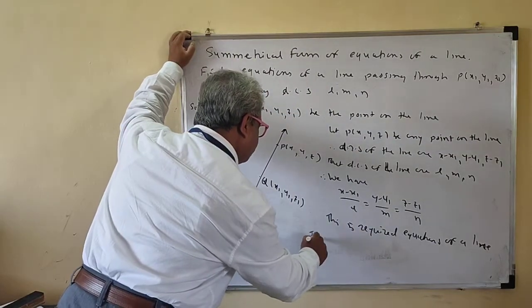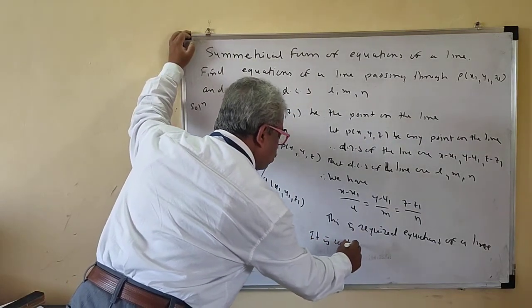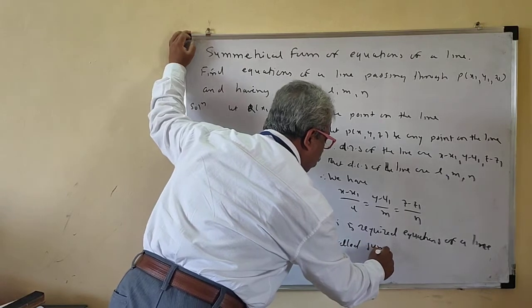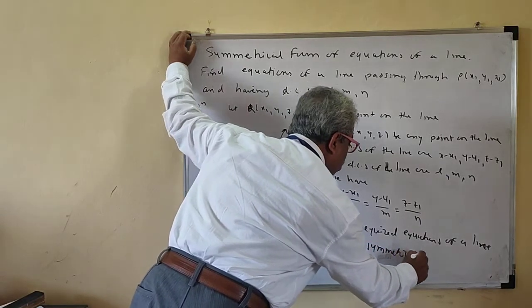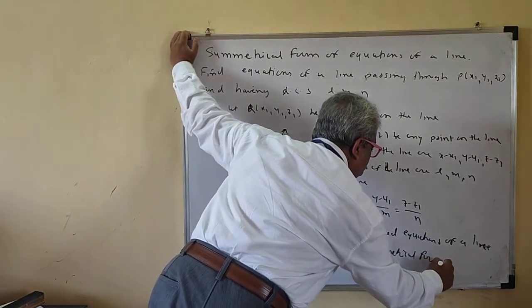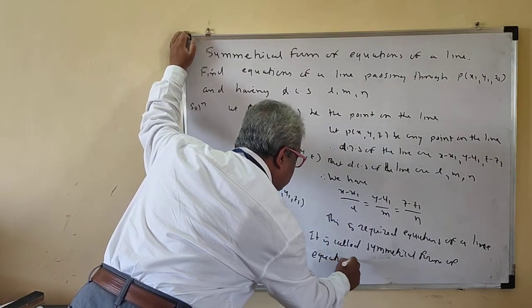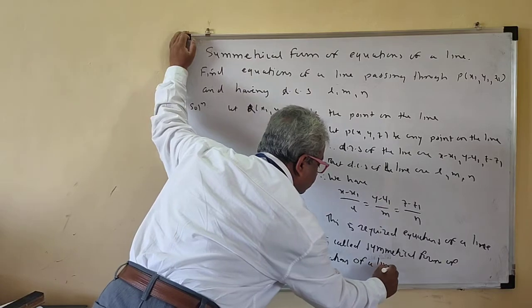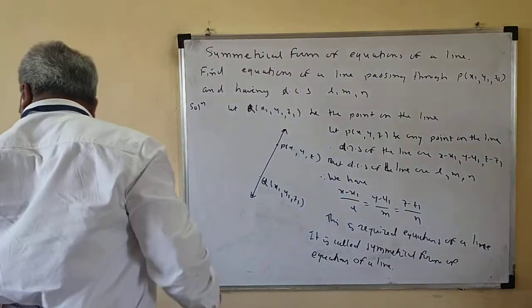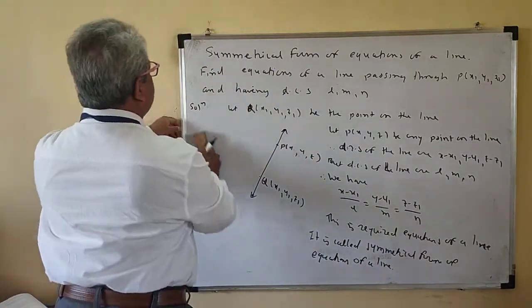It is called the symmetrical form of equations of a line.